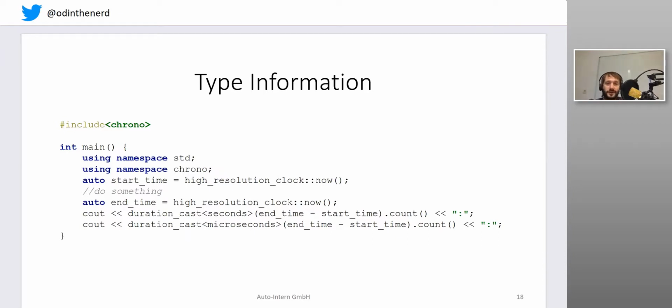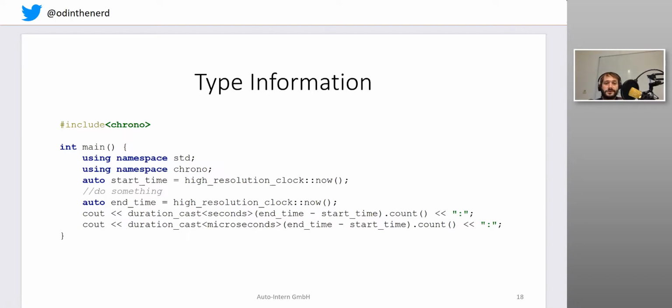It doesn't know that you're making a logical error. Whereas if you encode in the type information that the one is in units of decades, and the other is in units of minutes, or in this case, start time and end time, or the difference between them, that duration, we don't know what the units are.